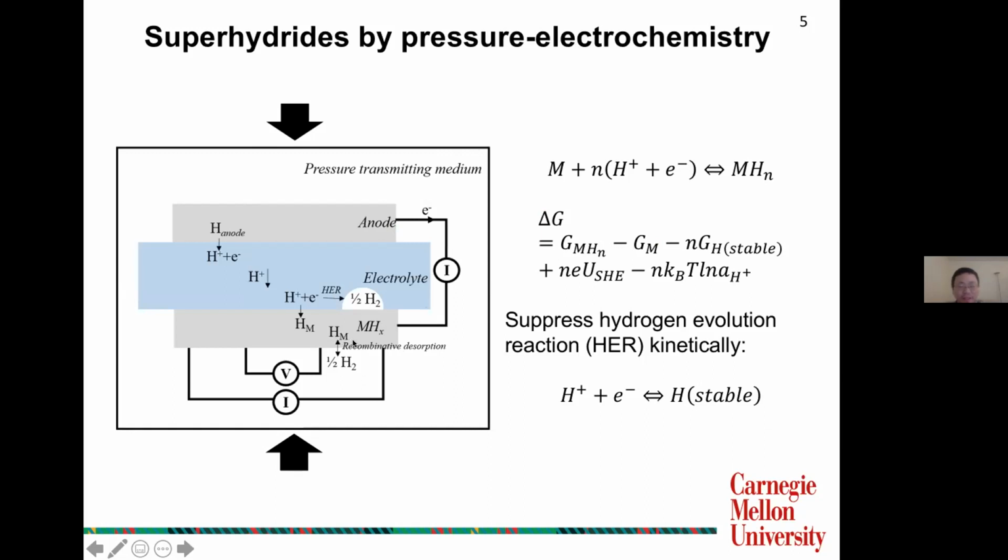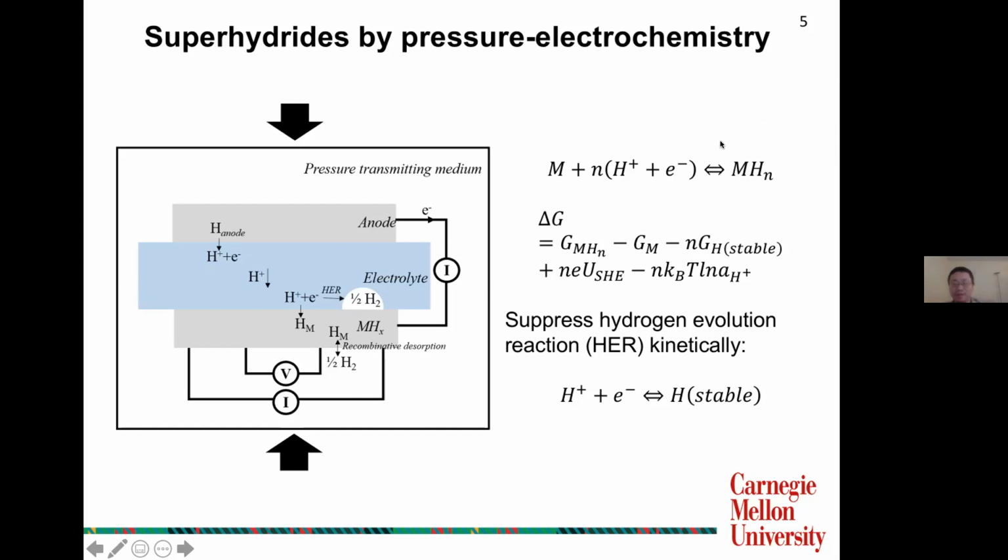At the anode, the hydrogen will transport through the electrolyte and arrive at the cathode. The cathode is originally a metal, and it will absorb the hydrogen and become the metal hydride. So in this setup, the reactants are the metal plus hydrogen ions and electrons, and then we generate the metal hydrides.